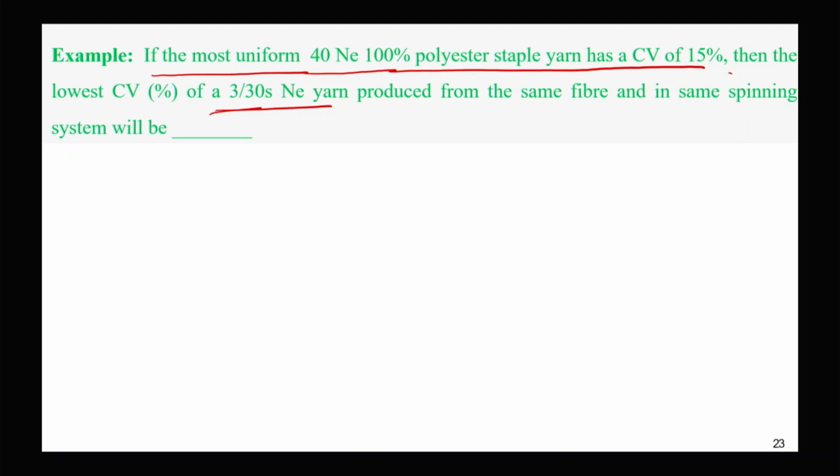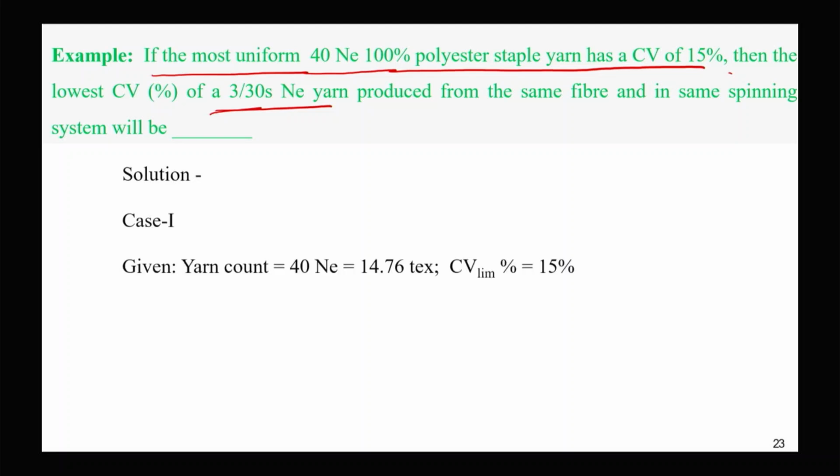Similar way we can calculate. First it will be better to convert the English count to tex, because directly we can divide. So the CV limit is given here, and this is the tex. From there, as it is polyester, we can calculate the number of fibers.